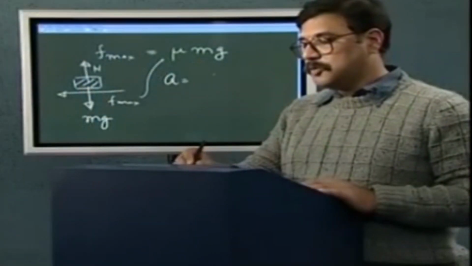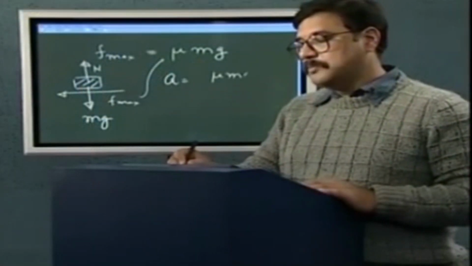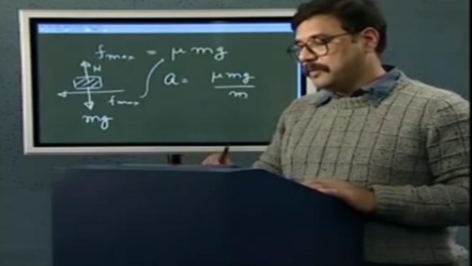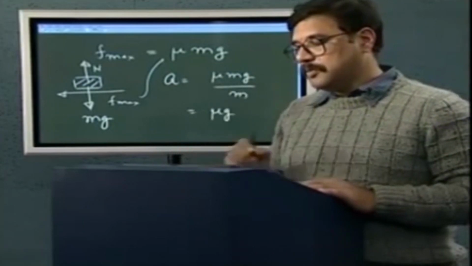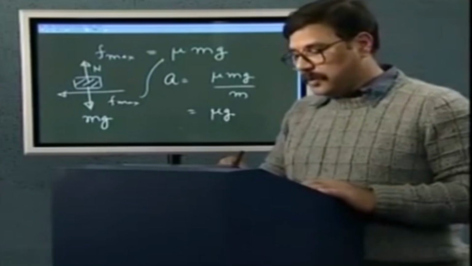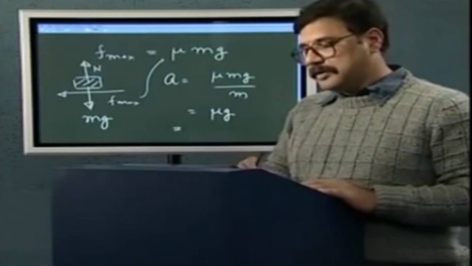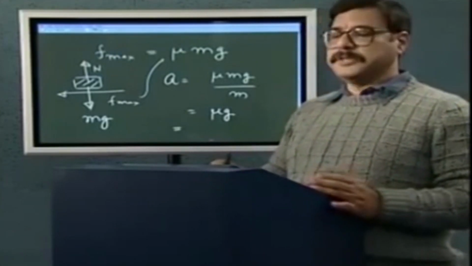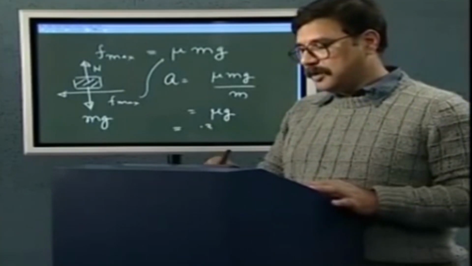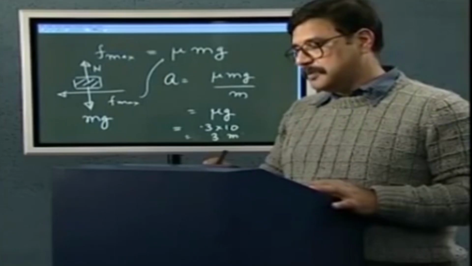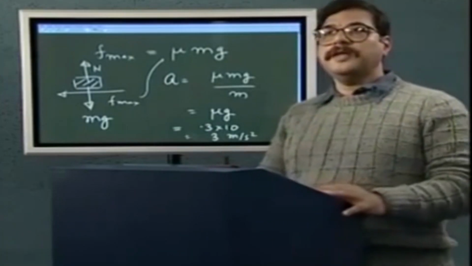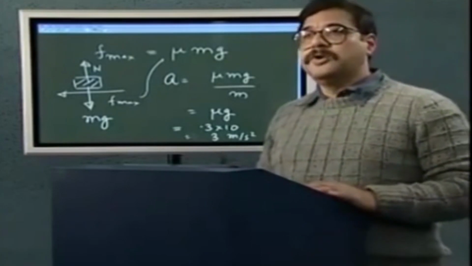So the maximum deceleration a is going to be mu mg divided by m, which is equal to mu g, which in our case, if I take g to be approximately 10 meters per second squared, is going to be 0.3 times 10, which is 3 meters per second squared, and that is the maximum deceleration that is allowed for the truck also.